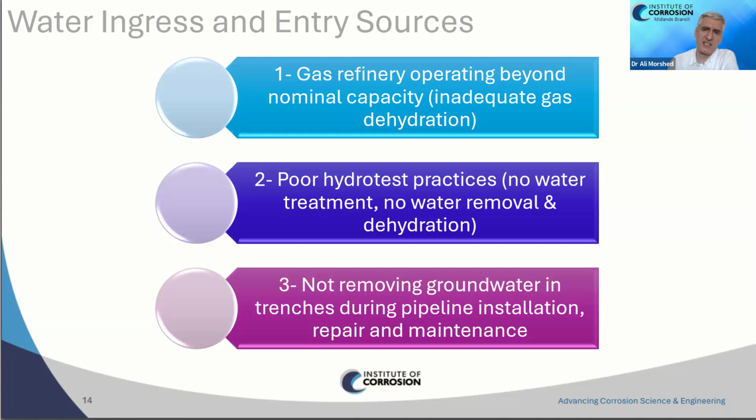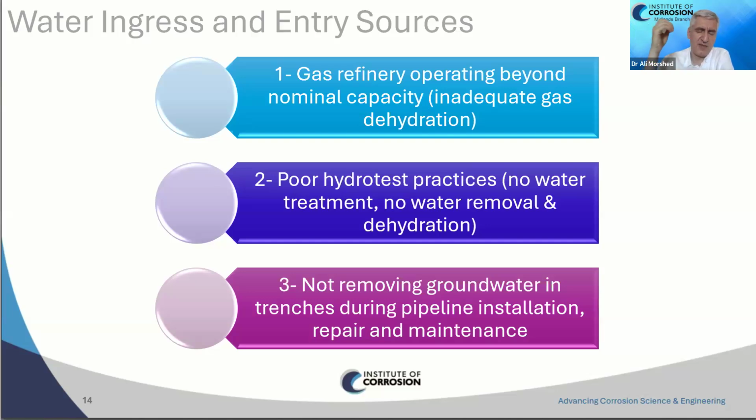One, as I've said, the gas refinery operating beyond nominal capacity. That means inadequate gas dehydration. Some refineries in the winter, when the demand for natural gas increases, have to increase their treatment capacity, and sometimes they exceed their nominal capacity.